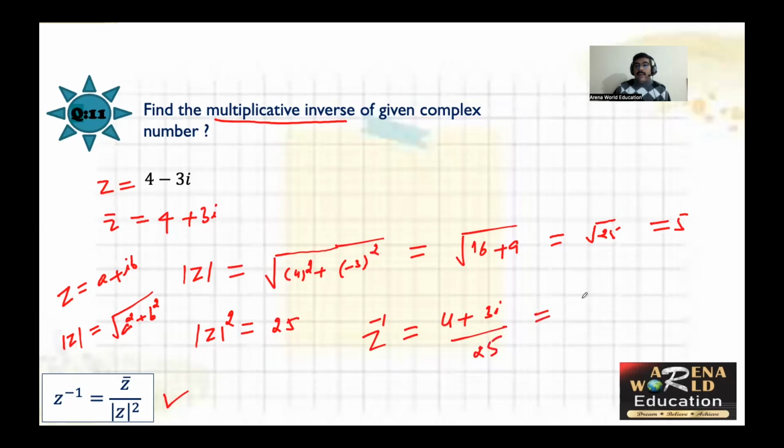If we want to write it in standard form, this will be 4 upon 25 plus 3 upon 25 iota. This is the required answer for question number 11, or you can say this is the multiplicative inverse of 4 minus 3 iota, right? So in this way, we can solve question number 11.